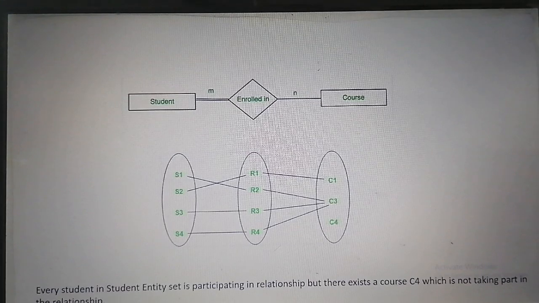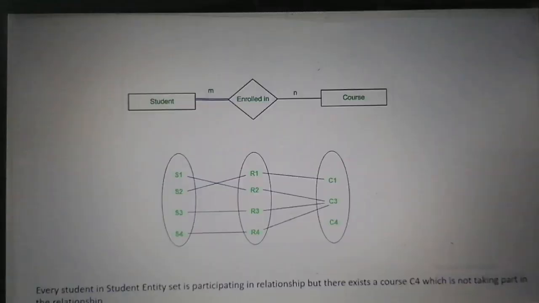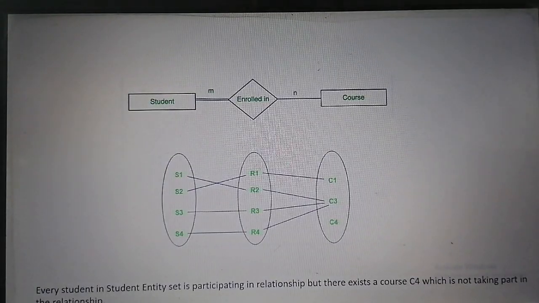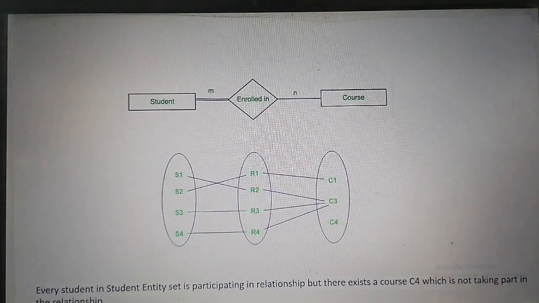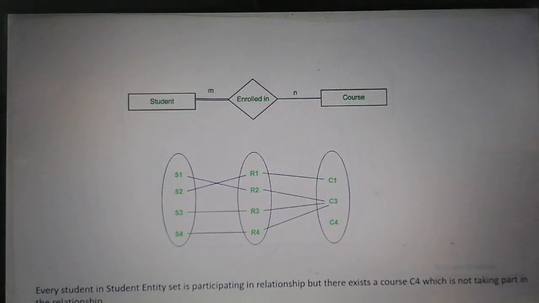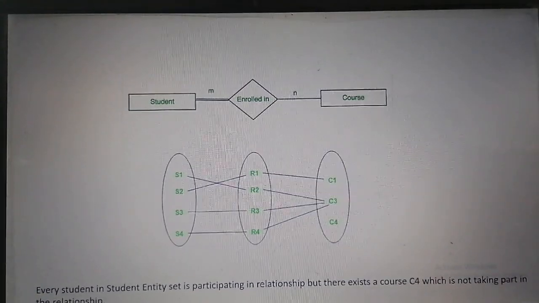To represent total participation we use a double line. Since the student is participating totally, I have represented it with double lines. And since the course is participating partially, I have joined enrolled in and the course with a simple line.